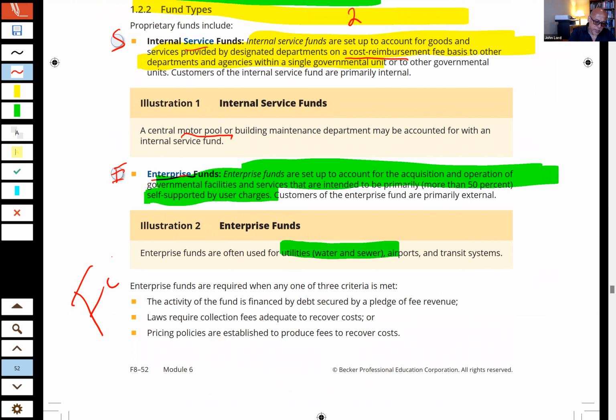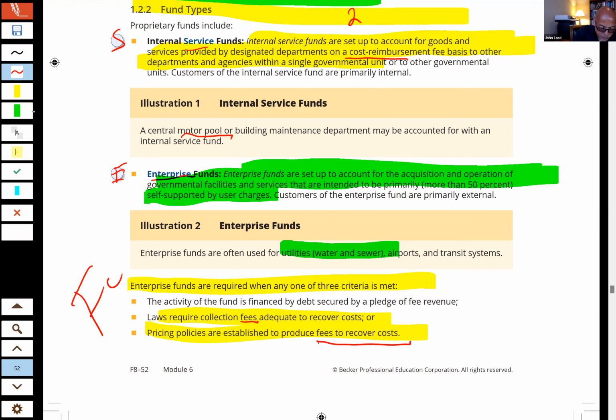This is a little granular, in my opinion, but you might see one or two questions on the exam in which they ask, what are the criteria in order for something to be accounted for as an enterprise fund? Notice that the law requires the collection of fees to cover the cost. Let's underscore an important word there, fees. Principal policies are established to produce fees to cover cost.